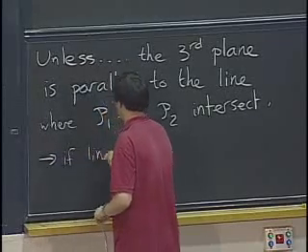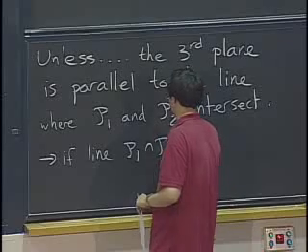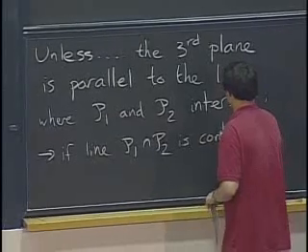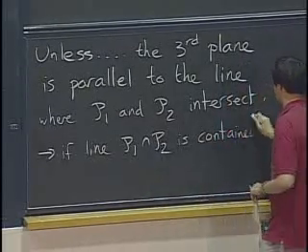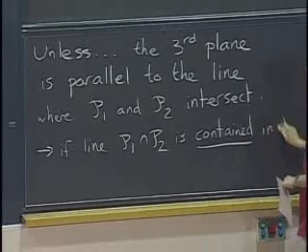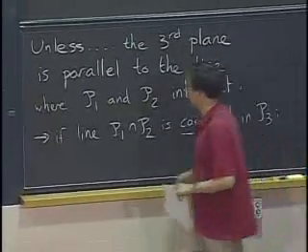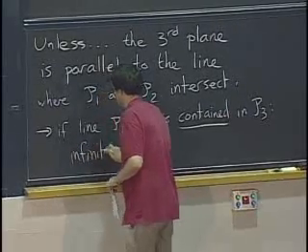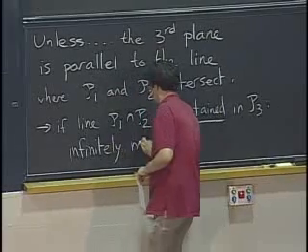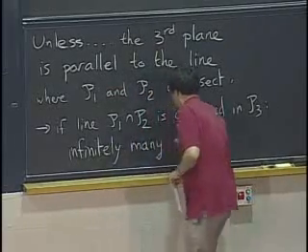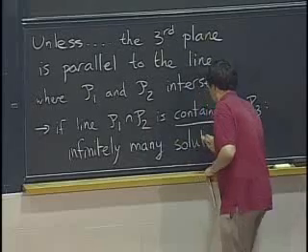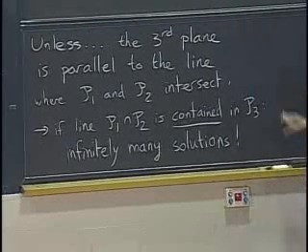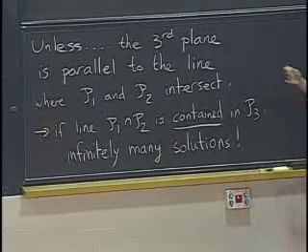If the line of intersections of P1 and P2 is actually contained in P3, in the third plane, then we have infinitely many solutions. Namely, any point on the line will automatically solve the third equation.